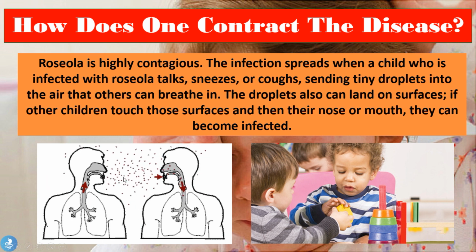In addition, they can also land on multiple surfaces, such as toys in a kindergarten, for example. When another child comes into contact with this toy, which has contaminated viral particles on it, and then uses the same hands to touch their face, nose, or mouth, they can also become infected in this way. So as we can see, the disease is highly contagious and spreads very quickly and easily.